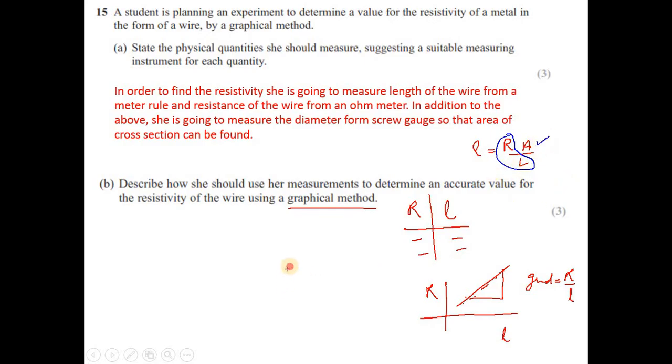The area is found from the formula A equals pi r squared. Once you have the area, the gradient multiplied by area will give you the resistivity using the graphical method. So you incorporate the table and the graph, gradient, area, and gradient times area will give you resistivity.